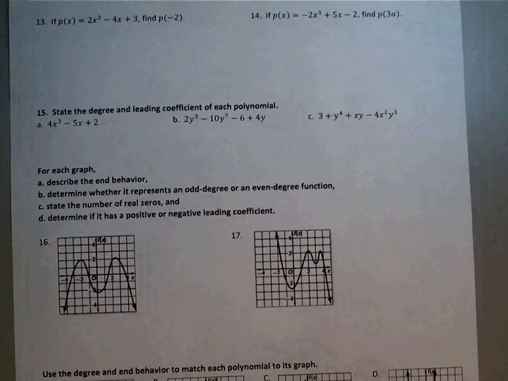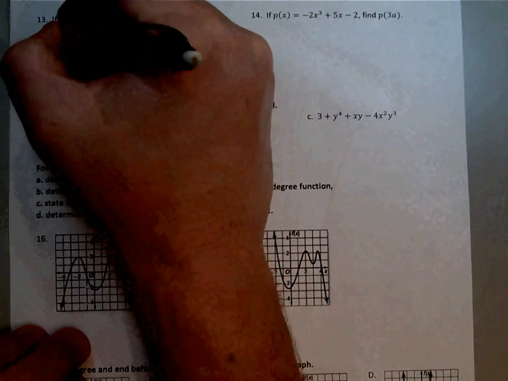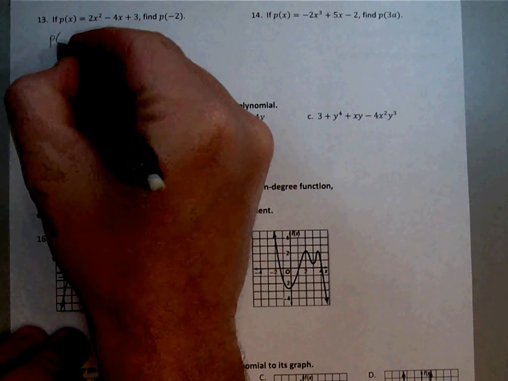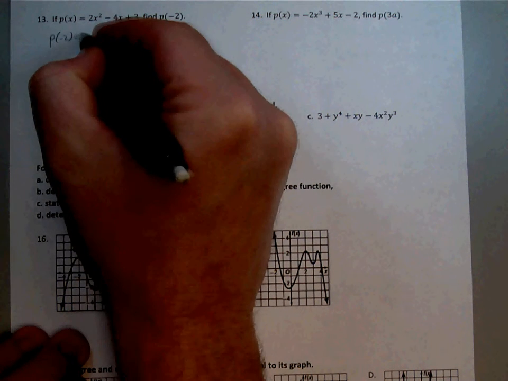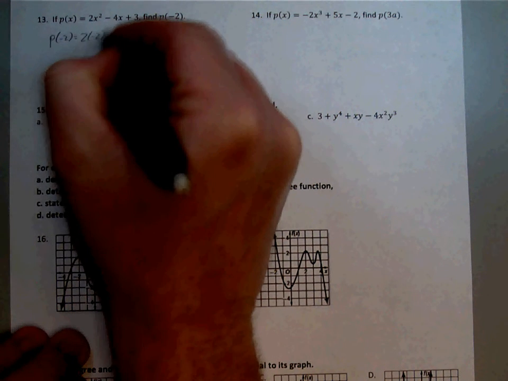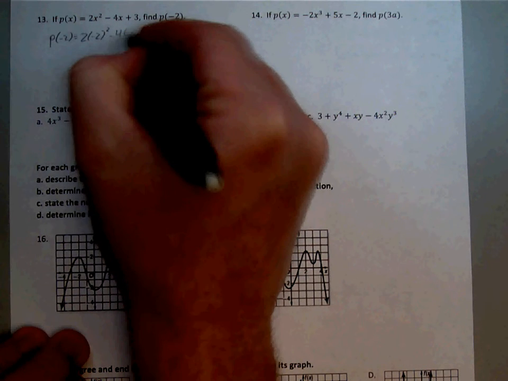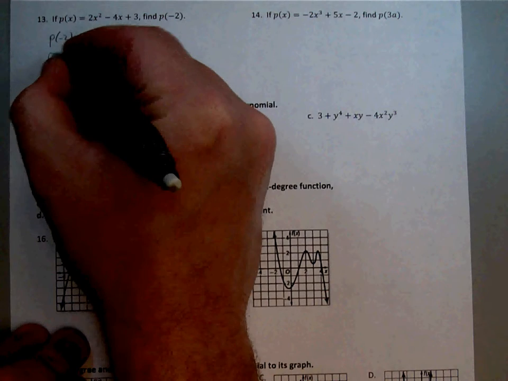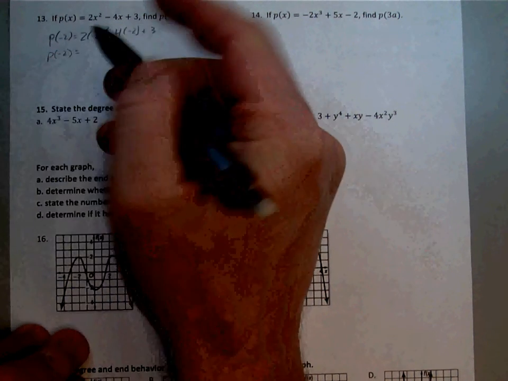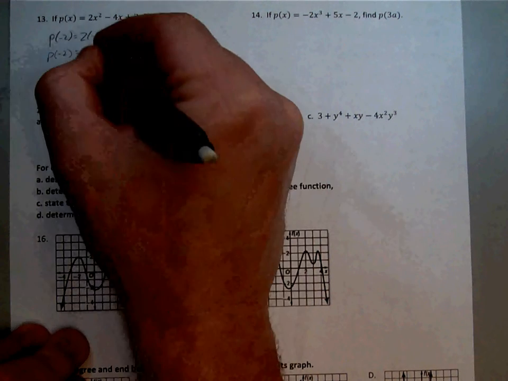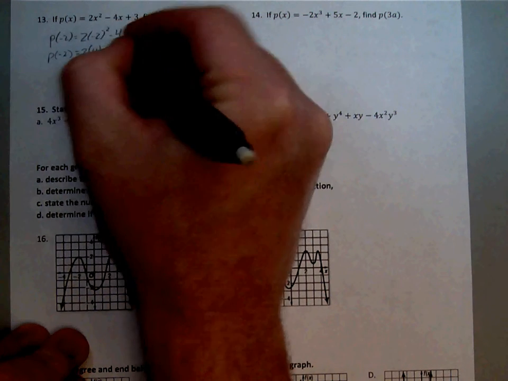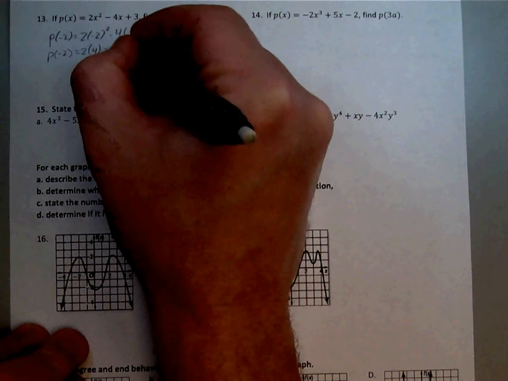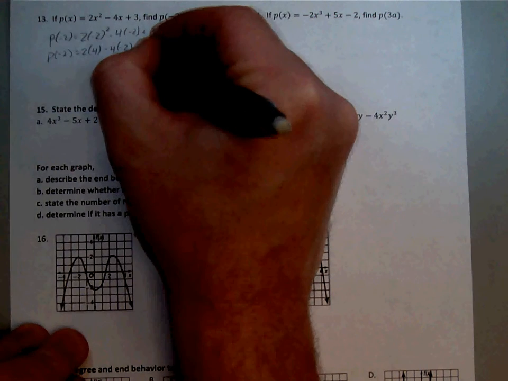Alright, go to the back page. Plug in -2. So 2 times -2 squared minus 4 times -2 plus 3. Order of operations, -2 squared is 4, so that's 2 times 4 minus 4 times the -2 plus the 3.